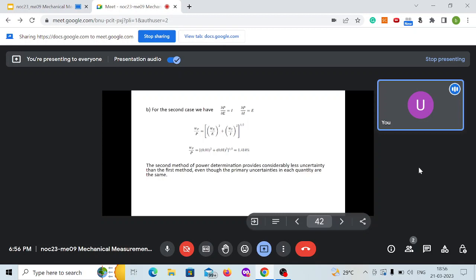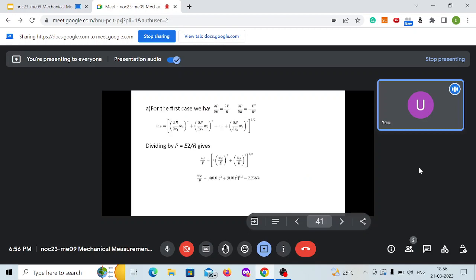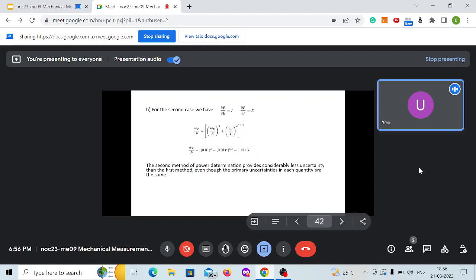So the percentage uncertainty in this case, when you substitute, both are 1% uncertainty for voltage and current, we will get 1.414%. So if you see here, the uncertainty is 2.236% in the first case, and in this case it's 1.414%.